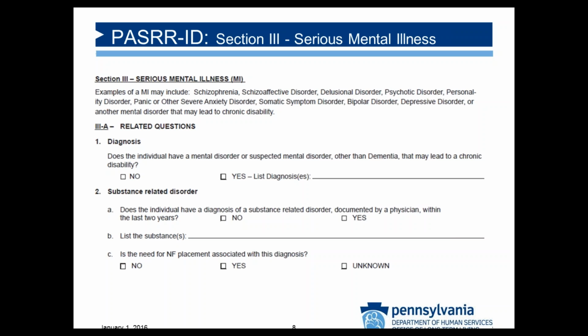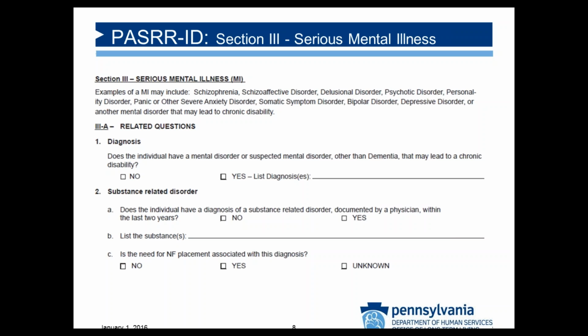So it's not associated with the diagnosis. They need placement because of the cancer, not because of the substance, although the substance related to that. I understand that, but it's not the reason that they're being placed there.